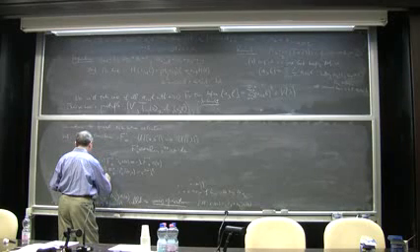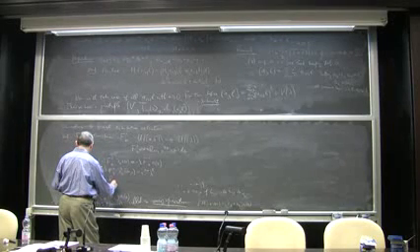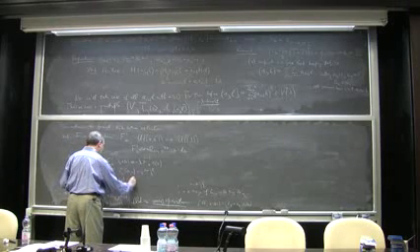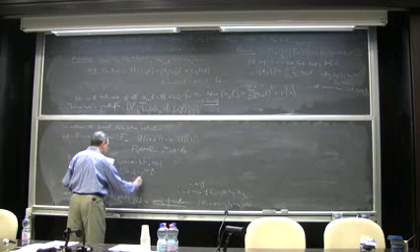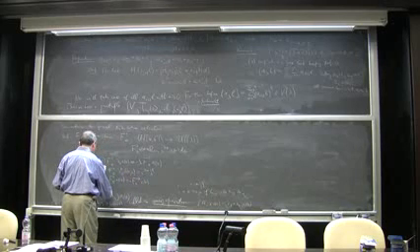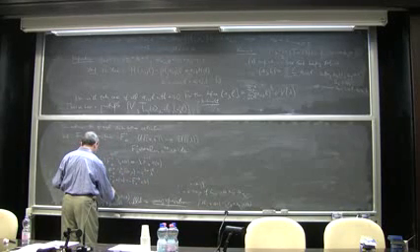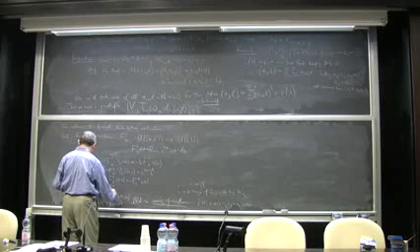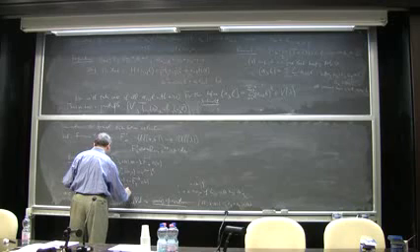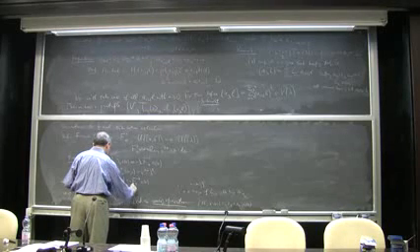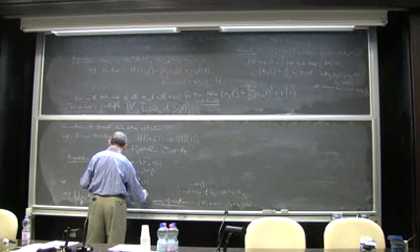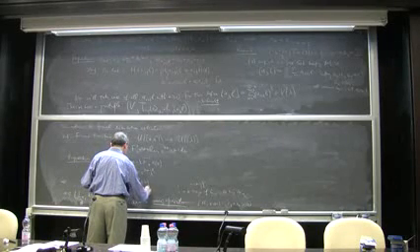Third property: F lambda of z A is minus d by d lambda of F lambda A. And the fourth is that if you apply F lambda z to e to the z A, you get F lambda plus T.